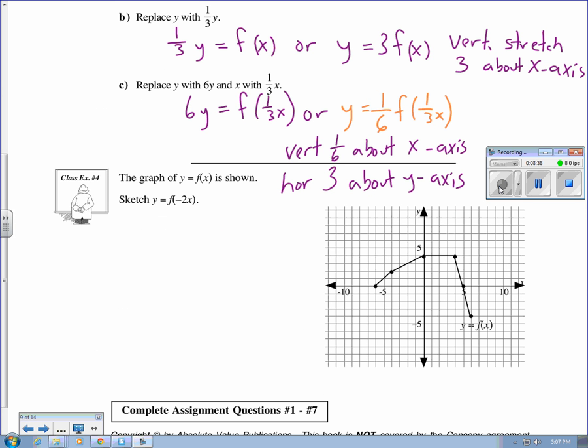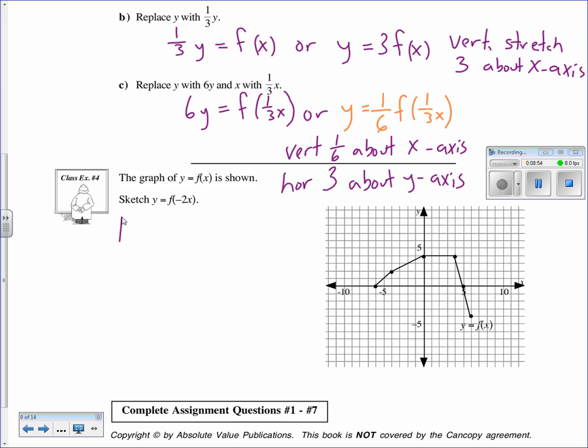Last example for this lesson. I see that I've got a negative b value. So that's going to give me a horizontal stretch, but it's also going to give me a reflection because the sign has changed. So I have a horizontal stretch of 1/2, which is going to affect my graph about the y-axis.